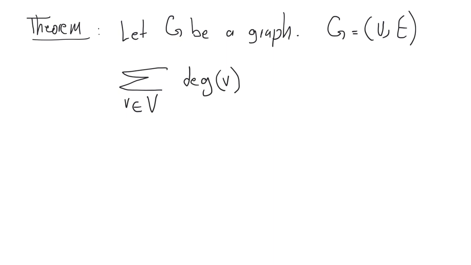This notation, if you recall, says that you sum the degree of V for all the vertices V. Then the theorem asserts that this sum is equal to 2 times M, where M is the number of edges.